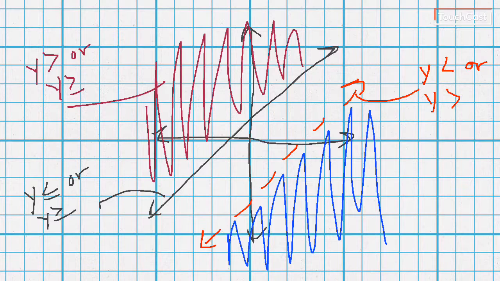The opposite is true here in blue, where I shaded below the line: I'd have y is less than or y is less than or equal to. So I'm going to give you a few steps on the next page on how we would graph linear inequalities before we actually look at an example.